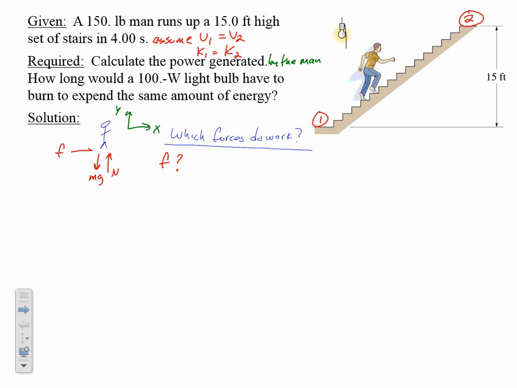And if we look at the picture of the man, we can draw in some friction forces along these steps where his feet are. And let's assume also no slipping. That's the normal situation when you're walking up steps. Hopefully your feet are not slipping.